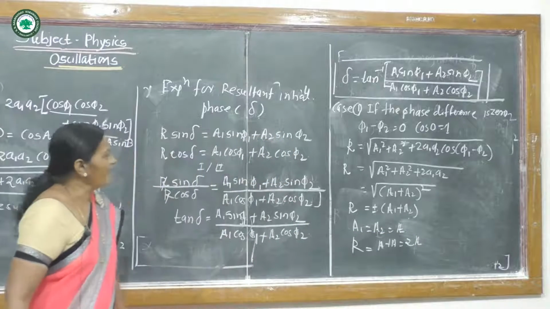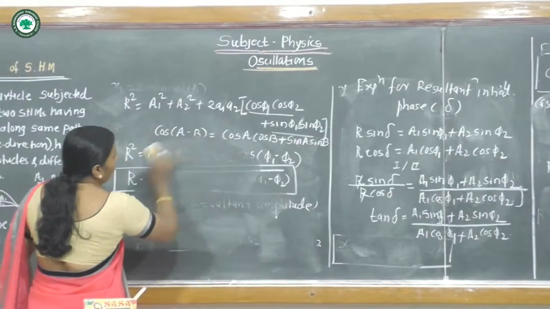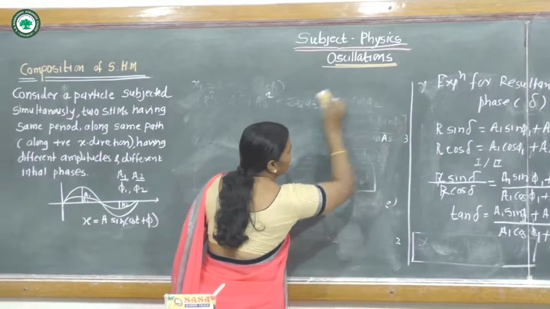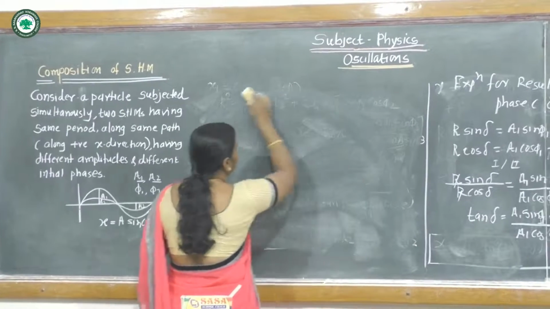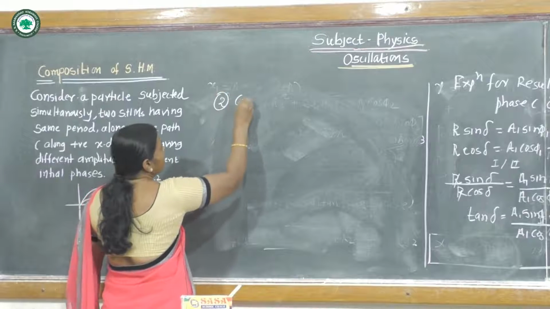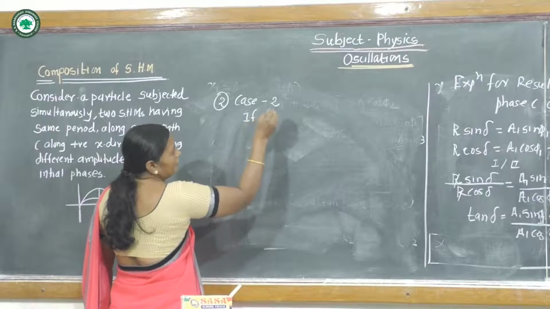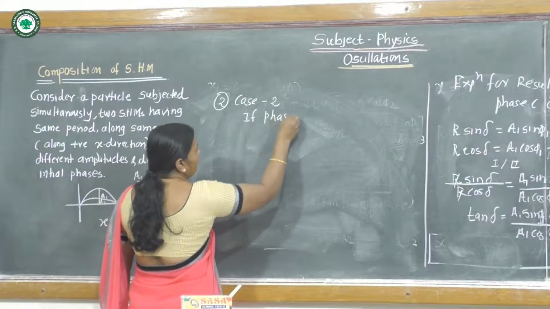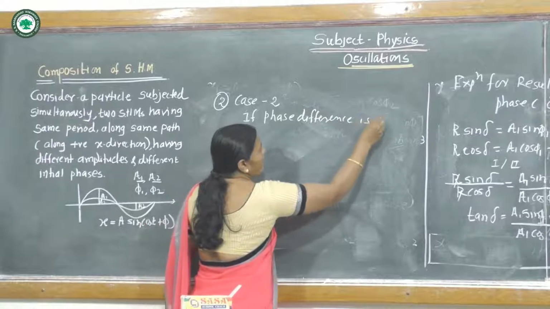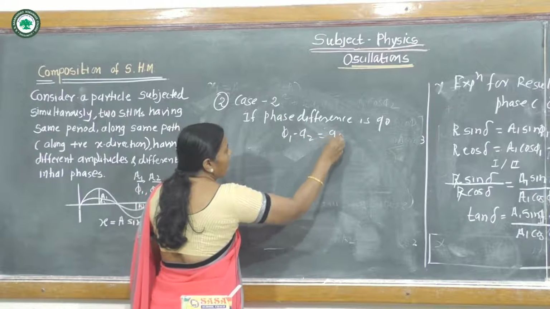Now the next special case, case number 2: if the phase difference is 90 degrees, phi 1 minus phi 2 is equal to 90.